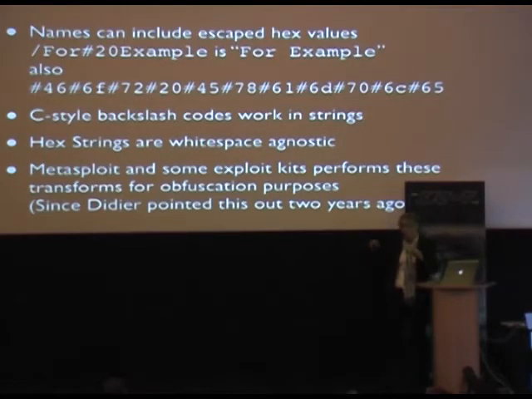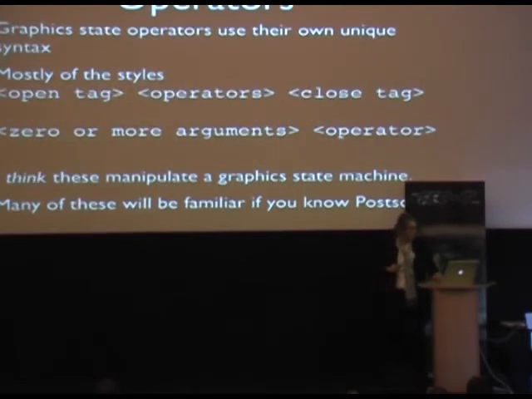The strings all accept C-style backslash codes, and you can put an arbitrary amount of white space anywhere you want for most of them. So Metasploit does most of these automatically right now when it generates PDFs.